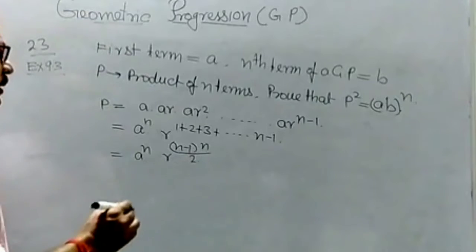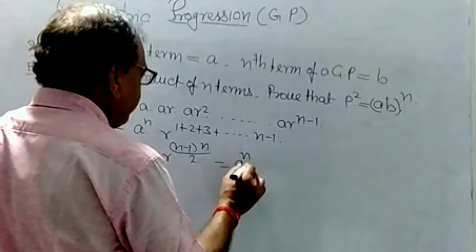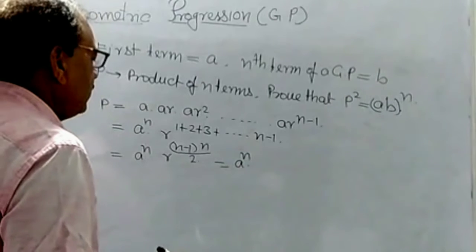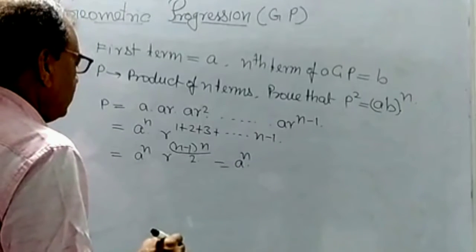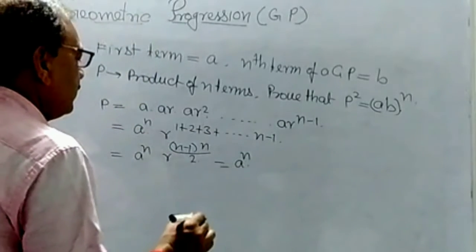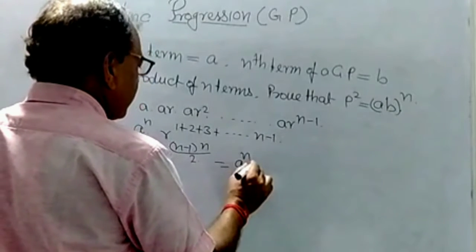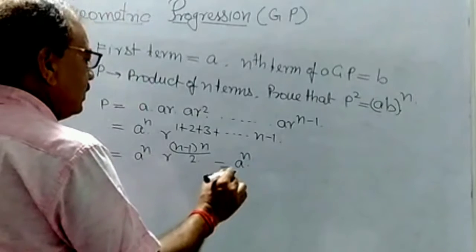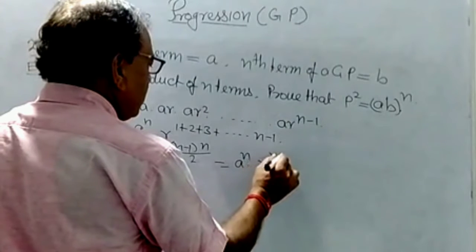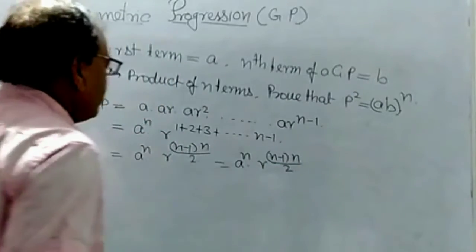In this way you can write A to the power n, and here R to the power n minus 1 into n by 2.